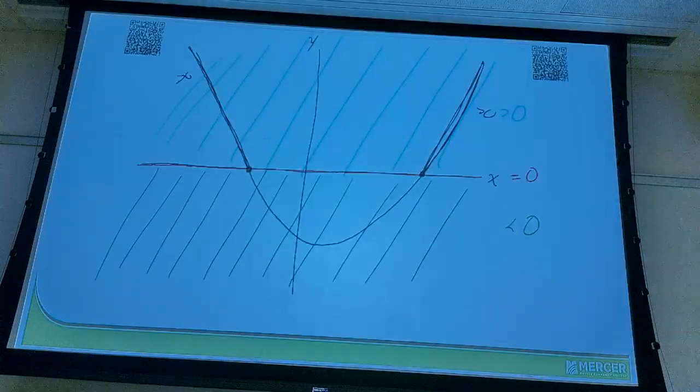Then you examine to the left of the breakpoint, to the right of the breakpoint. It's either going to be positive or negative on one side, positive or negative on the other side. It could be the same on both sides, right? It doesn't have to actually cross the axis at the breakpoint.